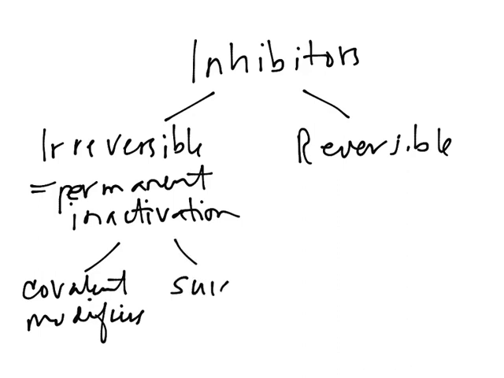And there are suicide inactivators, which are kind of tricky molecules. So a suicide inactivator typically looks like the substrate of the enzyme, so it utilizes the enzyme's own catalytic mechanism to inactivate it.